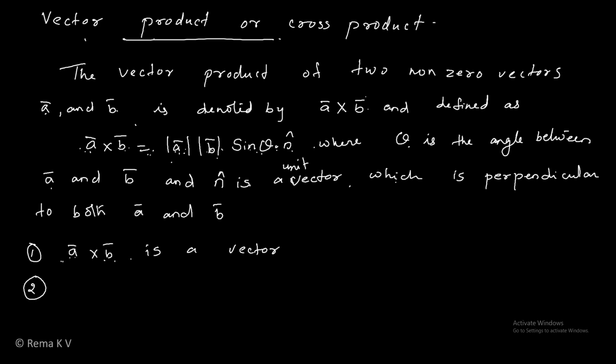See the definition: A cross B is defined as modulus of A into modulus of B into sin theta into n cap.